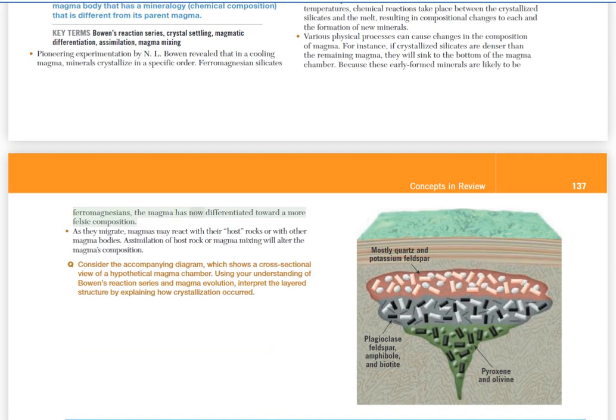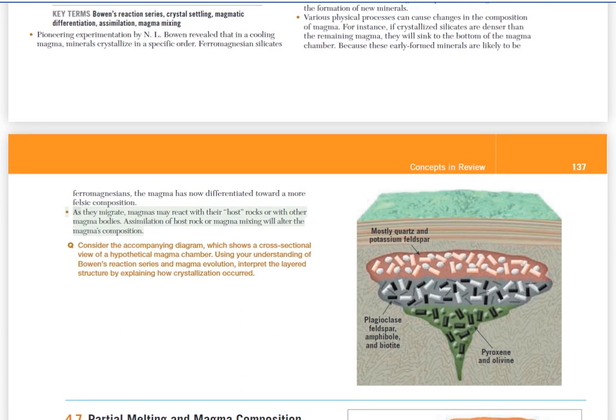As they migrate, magmas may react with their host rocks or with other magma bodies. Assimilation of host rock or magma mixing will alter the magma's composition.